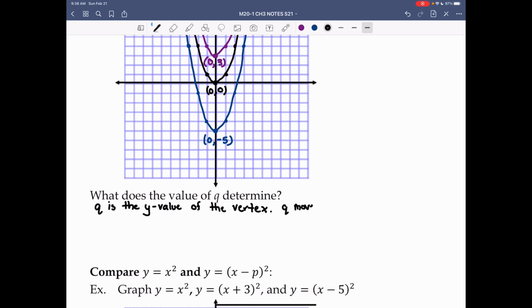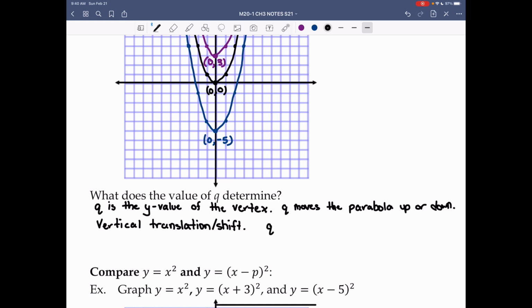Then the q value is the y value of the vertex. q moves the graph, or the parabola, up or down. This is known as vertical translation, or vertical shift, which is something you'll learn a lot more about in Math 30-1.